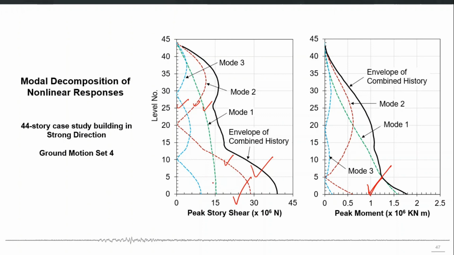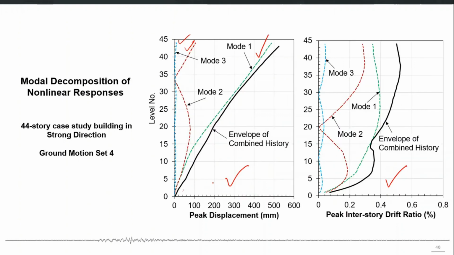If I go back and show you here, it is shown that the displacement response is mainly governed by the first mode, right? So if we want to reduce our total displacement, we should apply some effective control strategy which reduces the response of the first mode only.